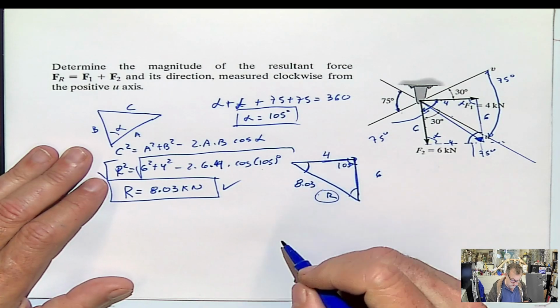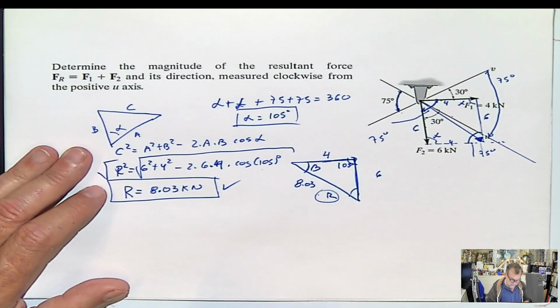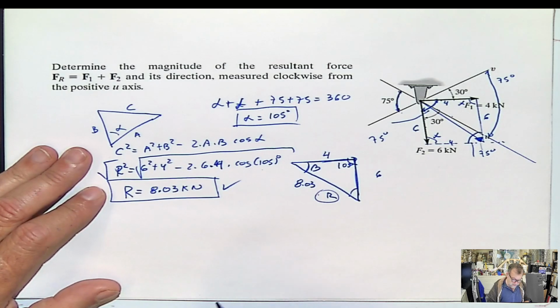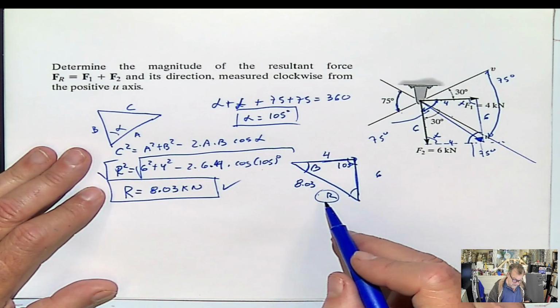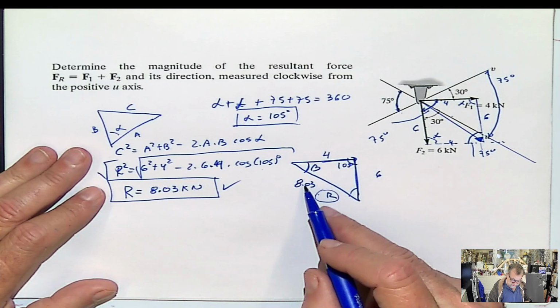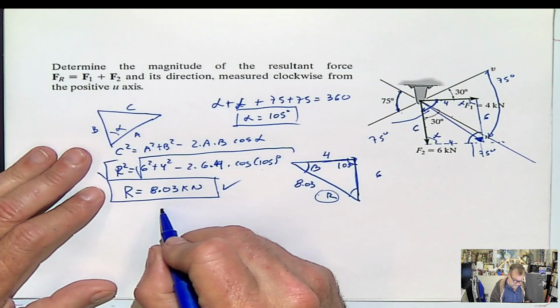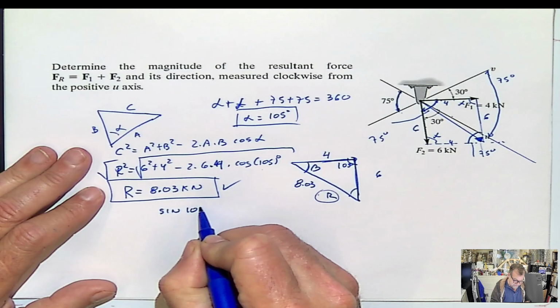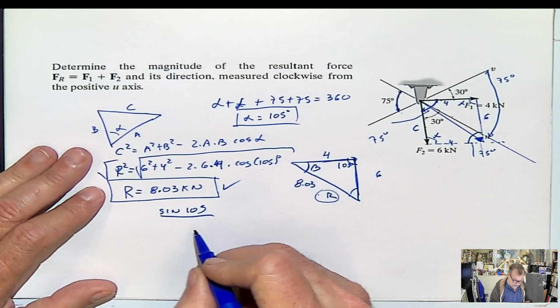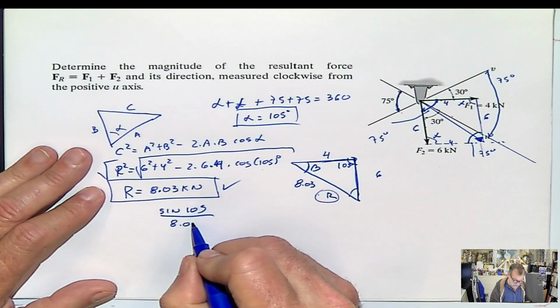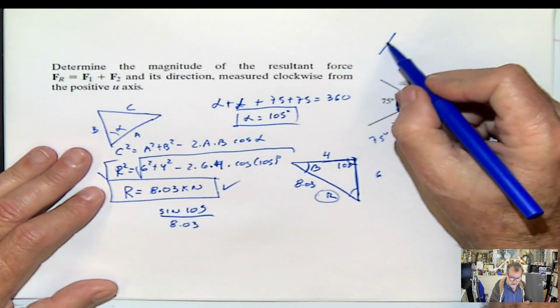Let's say that I want to calculate this angle beta, for example here. Then I can say that sine of 105 divided by 8.03. I'm sorry, remember the law of sines. I'm going to copy it again.